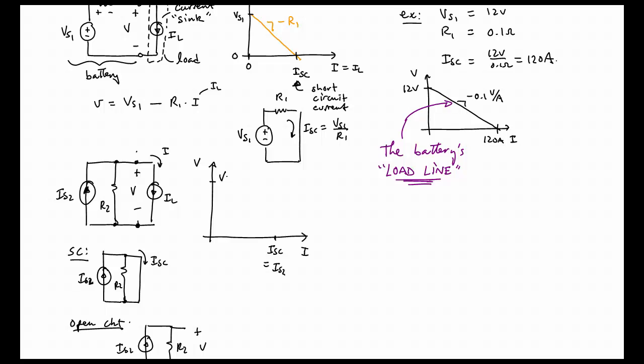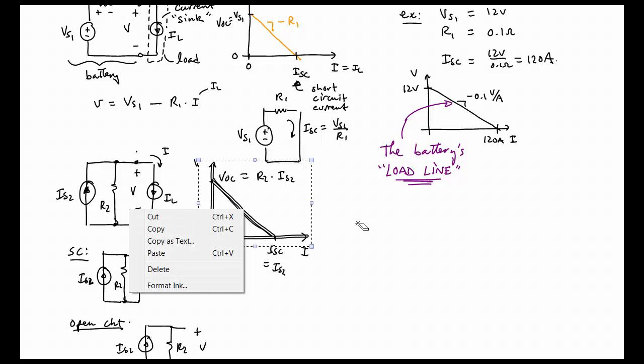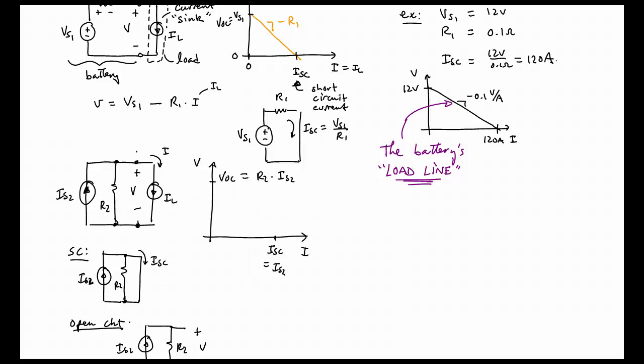So V open circuit, I should have called this V open circuit up here, is going to be equal to R2 times IS2. And again, it'll be a straight line with the slope of minus R2.